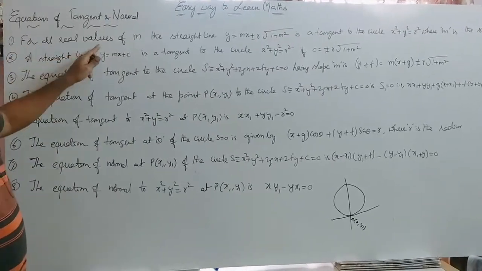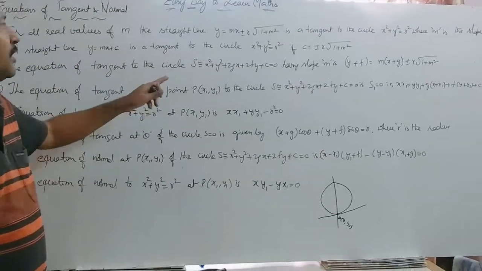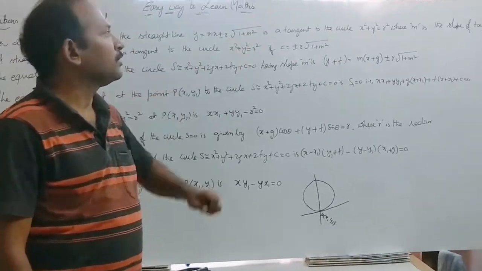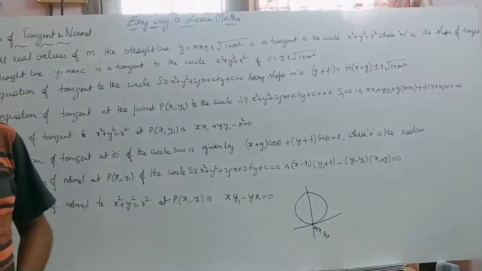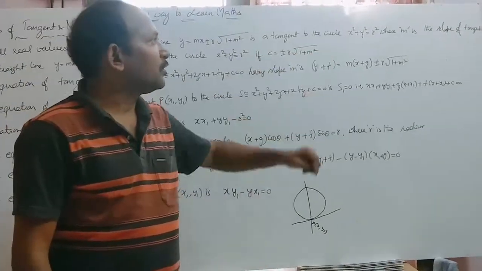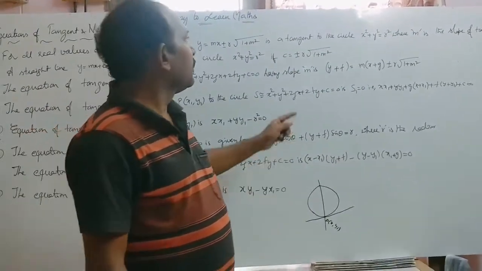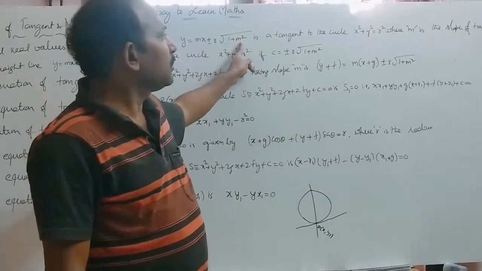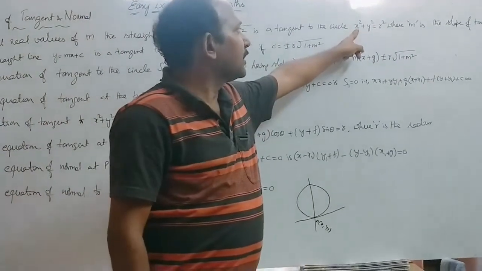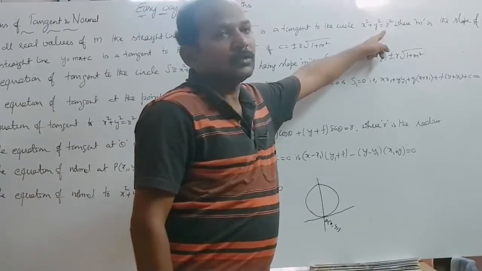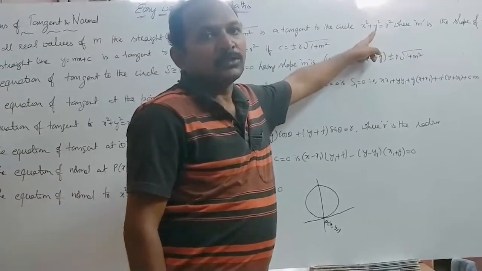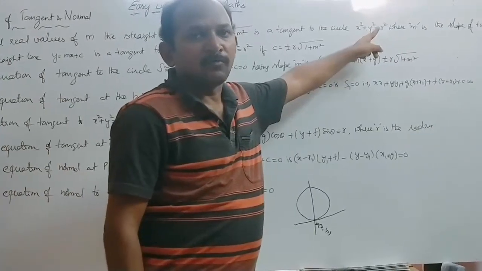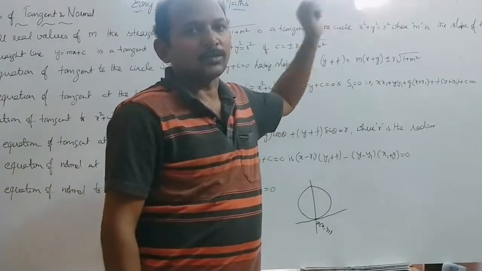For all real values of m, the straight line y = mx ± r√(1 + m²) is a tangent to the circle x² + y² = r², where m is called the slope of the tangent. Here the circle equation is nothing but x² + y² = r², whose center is (0, 0), that is, (x − 0)² + (y − 0)² = r².